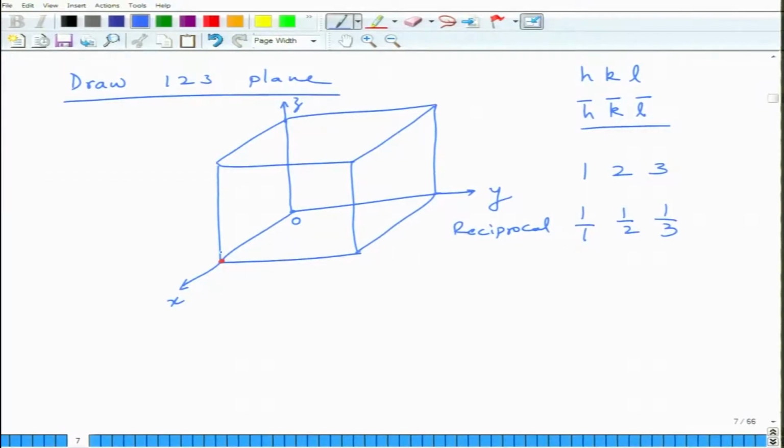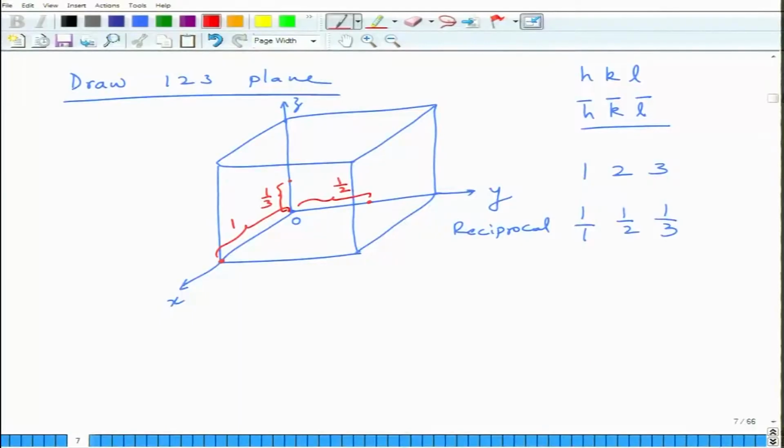So, 1 is here, this is half, this is 1/3 and this is 1. Half, 1/3 and 1 are with respect to the lattice parameters: half of the B lattice parameter, 1/3 of the C lattice parameter, and 1 means equal to the A lattice parameter.